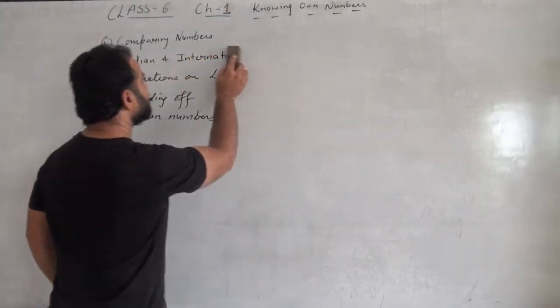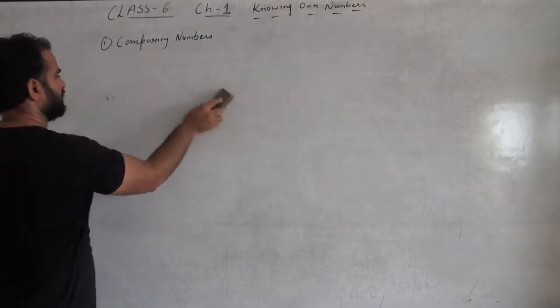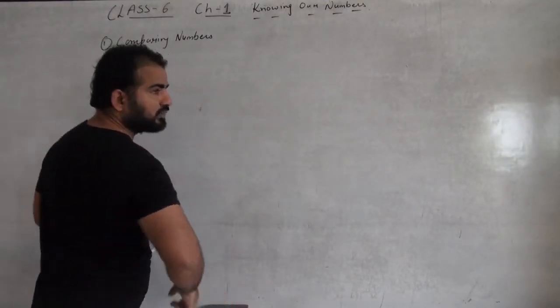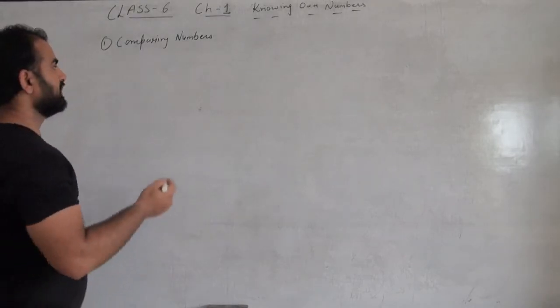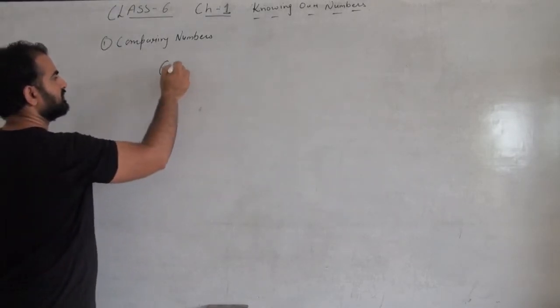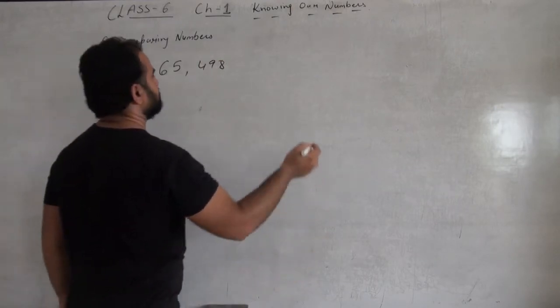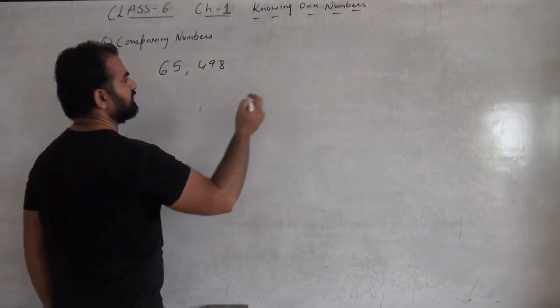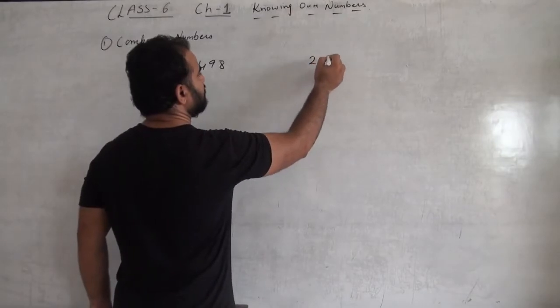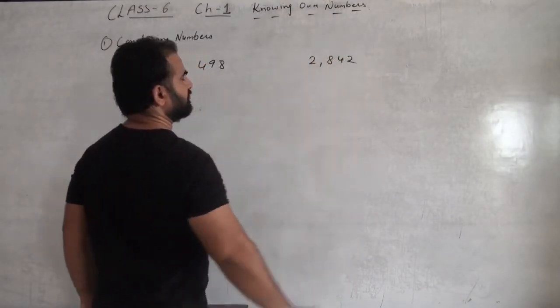So how can we compare two numbers? Like the first number is 65,498 and the second number is 2,842.